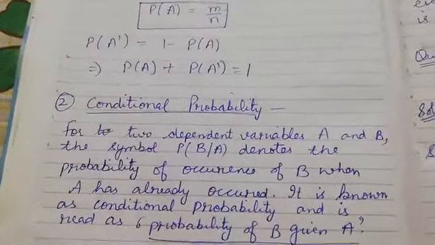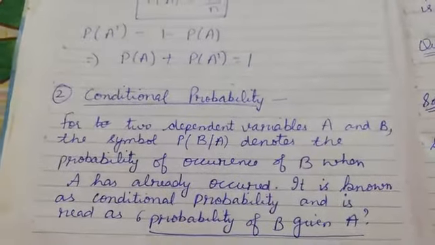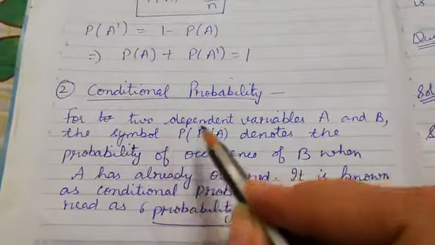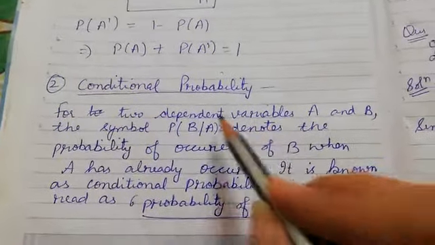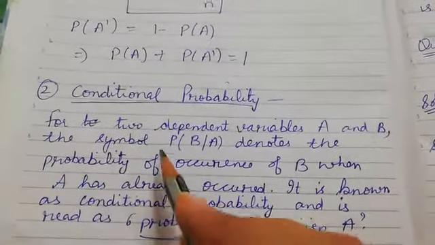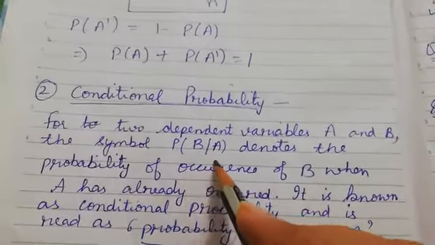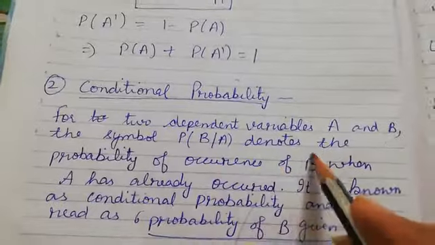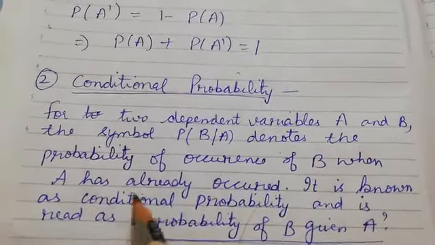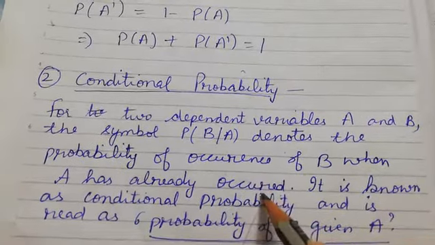Now the next definition is conditional probability. What conditional probability says, for two dependent events A and B, dependent means they depend upon each other, then the symbol P(B/A) denotes the probability of occurrence of B when A has already occurred.